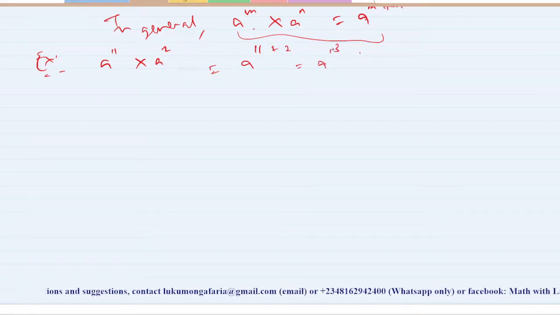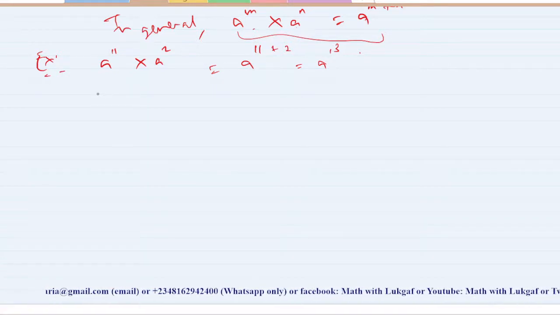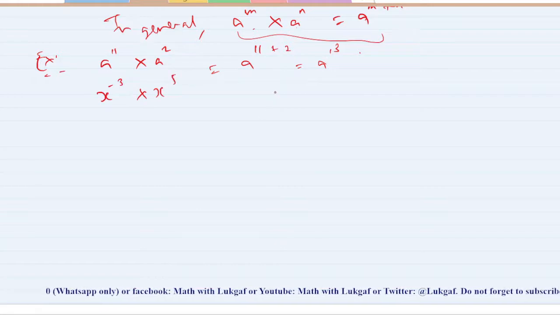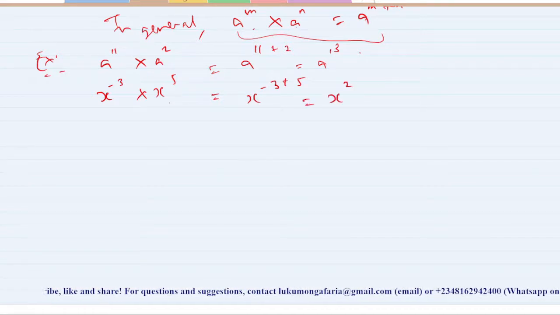This rule works for positive index or negative index. In essence, if I have s raised power minus 3 multiplied by s raised power 5, I don't need to stress myself. I'm going to have s raised power minus 3, then I have multiplication here, so this is going to be plus 5, which is the same thing as s raised power 2.